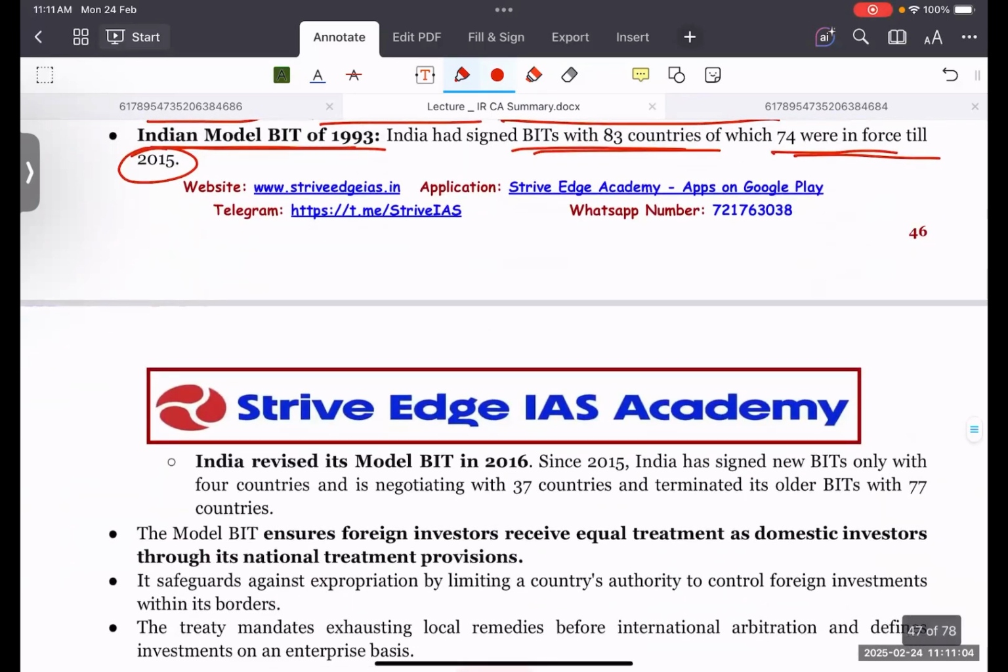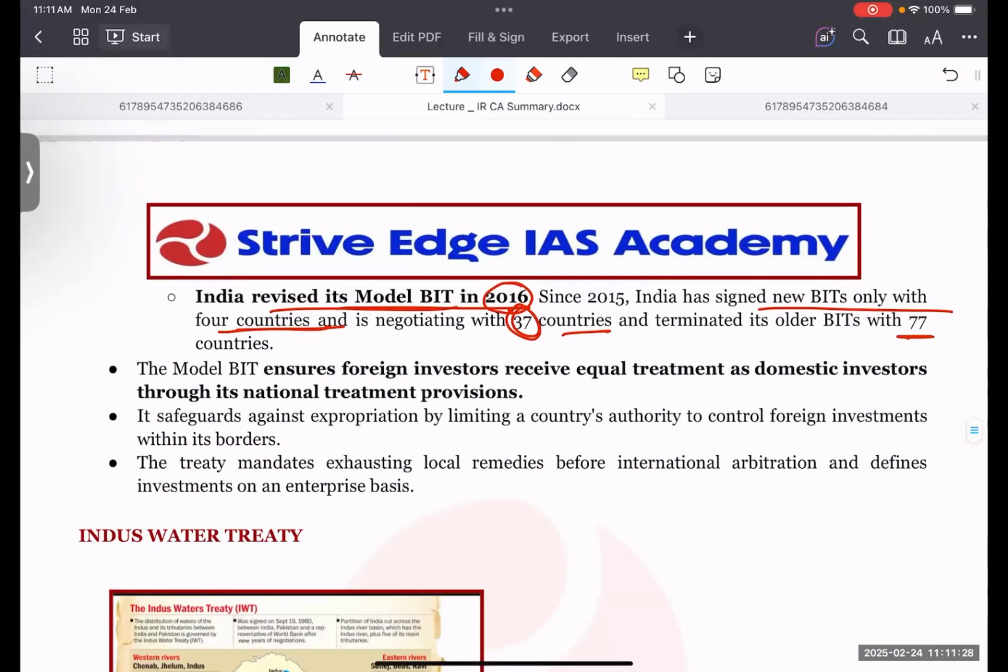But in 2016, India revised this model BIT, and from then onwards, India has signed new BITs only with 4 countries, and it is currently negotiating with 37 countries. With the earlier 77 countries, everything was terminated, and we have only maintained BITs with the 4 countries due to some issues in the treaty.